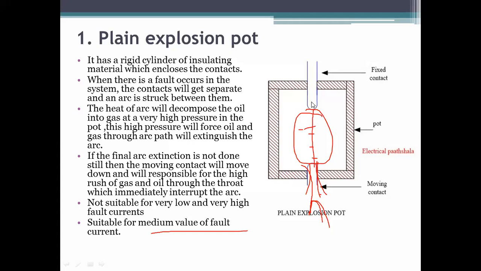So just tell me, this plain explosion pot is under which type of circuit breaker? Is this an air circuit breaker or an oil circuit breaker?